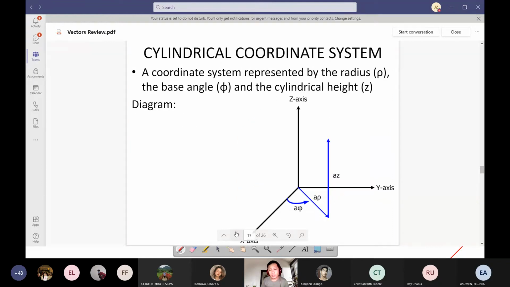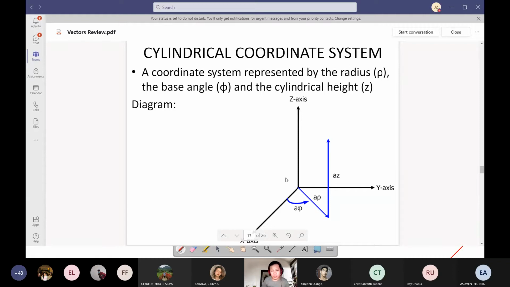How about the cylindrical coordinate system? Why is it called cylindrical coordinate system? Okay? Now, a cylindrical coordinate system is represented by the radius rho, the base angle phi, and the cylindrical height z.